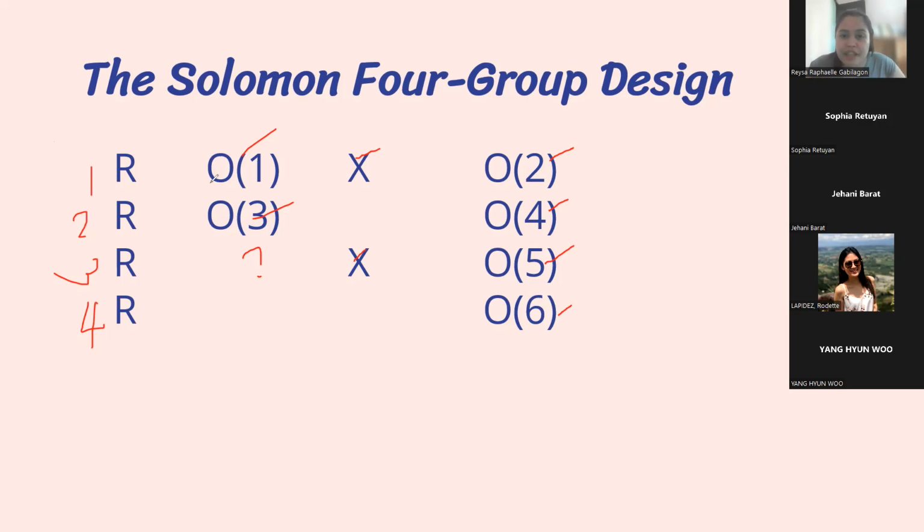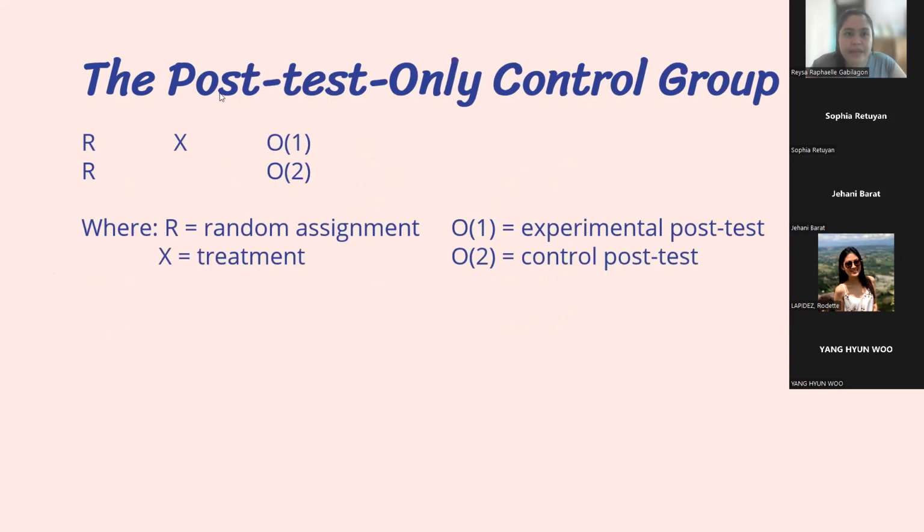Okay? So in that case, we will really know if itong X na ito ay effective or not. Okay? Again, we call this Solomon 4 group design, and this is the most sophisticated research design under the true experimental research design.